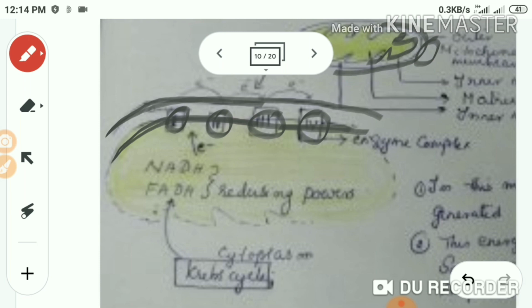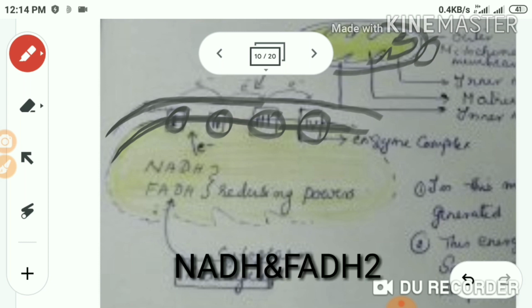As a result of this breaking down process, certain energy rich compounds are formed. These energy rich compounds are NADH and FADH2, which we can call reducing equivalents, reducing powers, filled with energy.